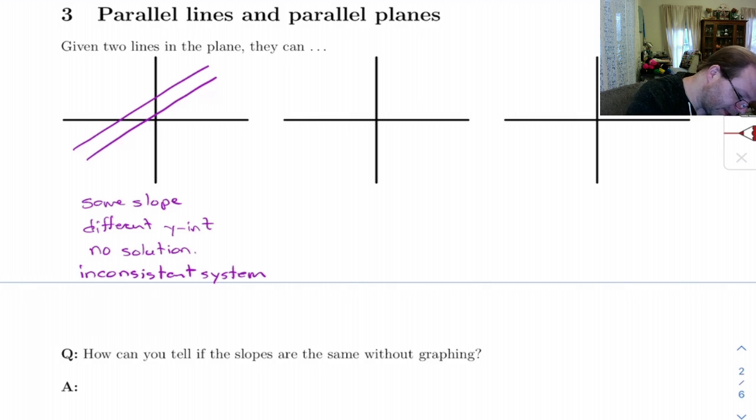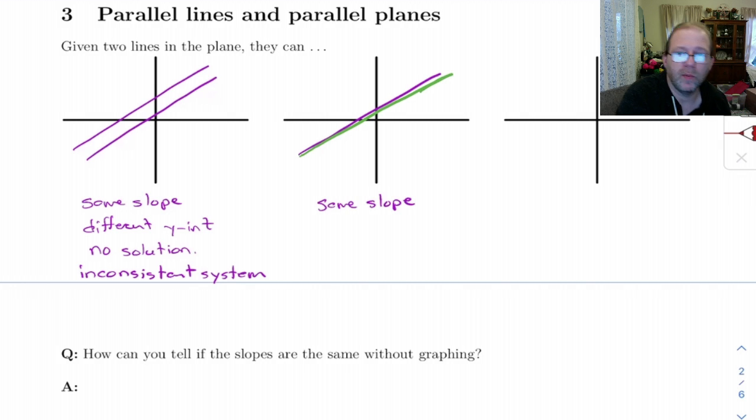All right, another possibility is one equation could be this line, and the other equation could be the exact same line. If that happens, then they still have the same slope. They have the same y-intercept, but I'm not going to write that down. They have the same slope, but the thing is they're the same everywhere.